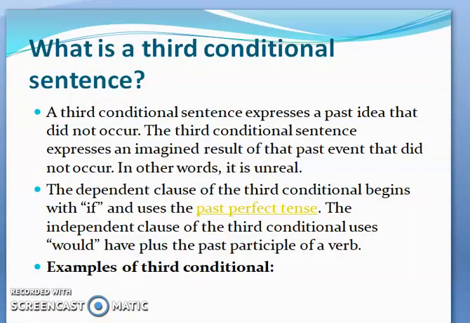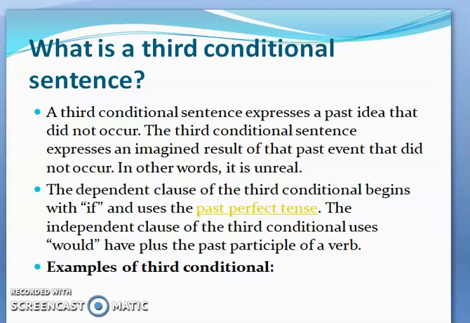Now let us move on to the third conditional sentence. The third conditional sentence expresses a past idea that did not occur. The third conditional sentence expresses an imagined result of the past event that did not occur.